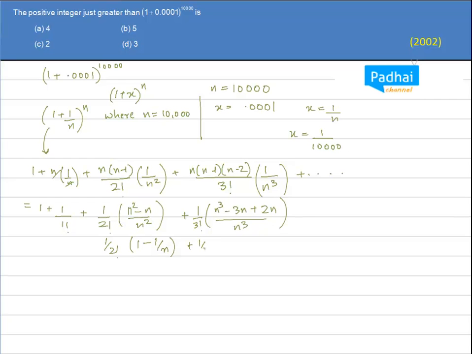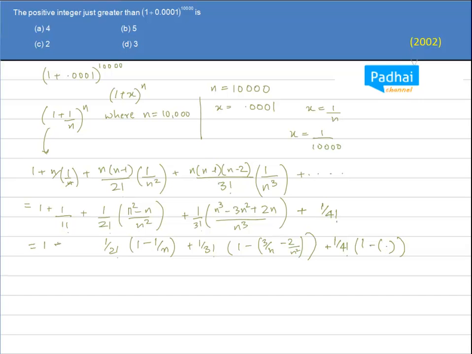This will be 1 by 3 factorial into (1 minus 3 by n plus 2 by n square). And this kind of series will go on, like 1 by 4 factorial, which will again have something of 1 minus terms in n.